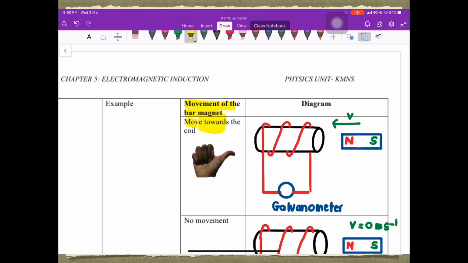When the bar magnet, this is the North Pole, moves towards or approaches the coil, what happens? We can see here the magnetic field produced by the bar magnet.